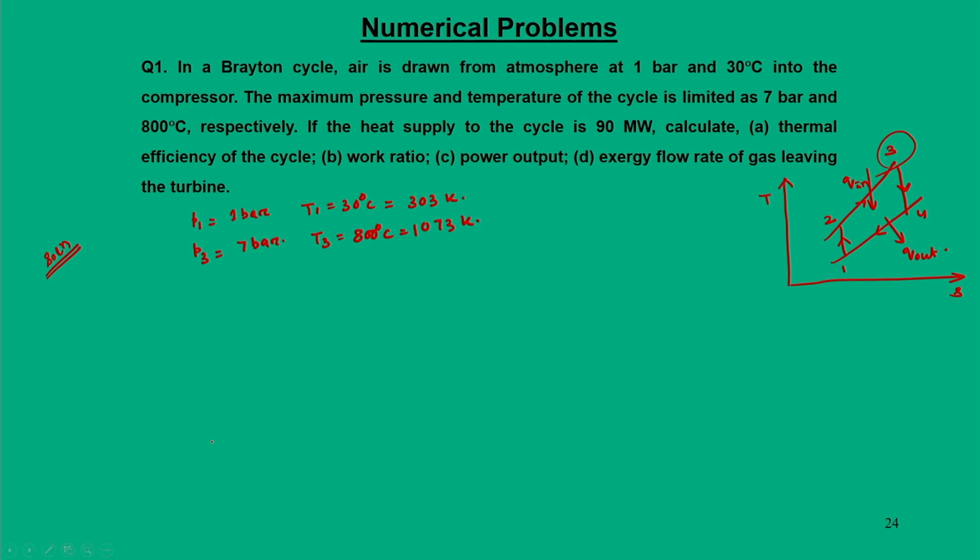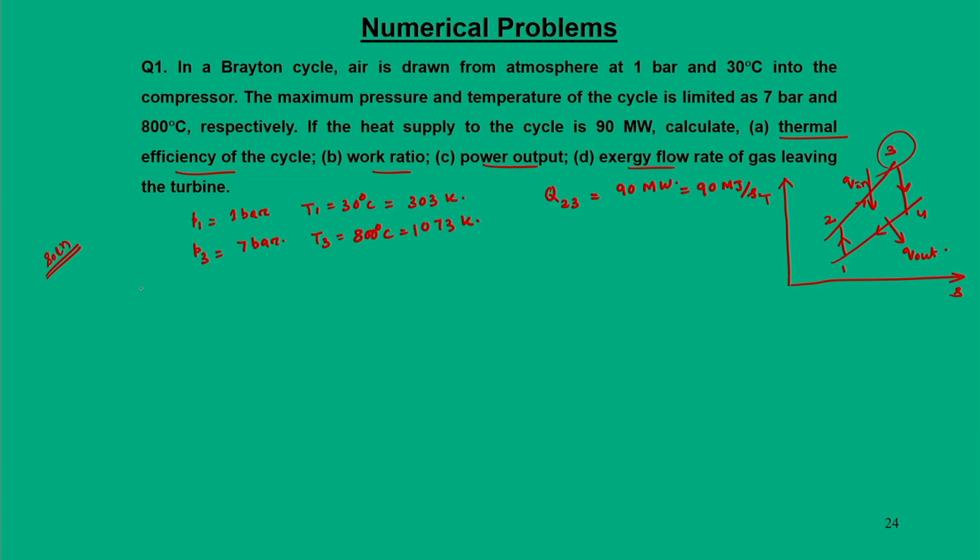The heat addition, heat supply Q23, sorry, it is total heat because mass flow rate is involved, is 90 megawatt or 90 megajoule per second. So, you have to find out thermal efficiency, work ratio, power output, exergy.